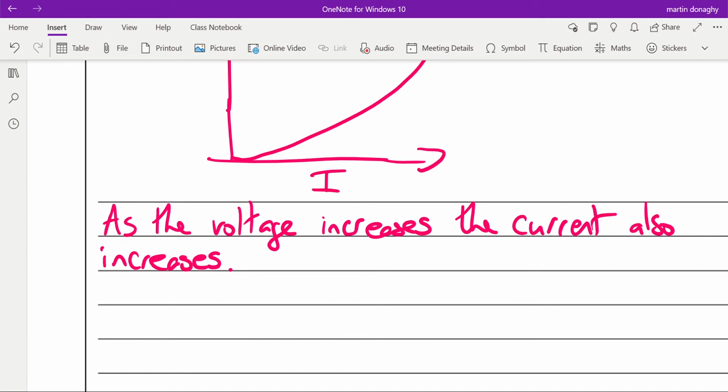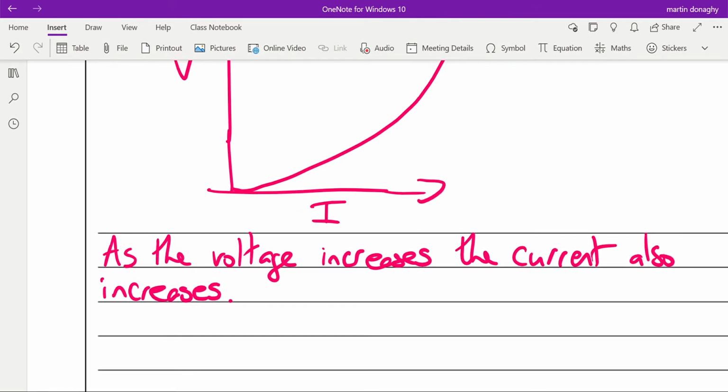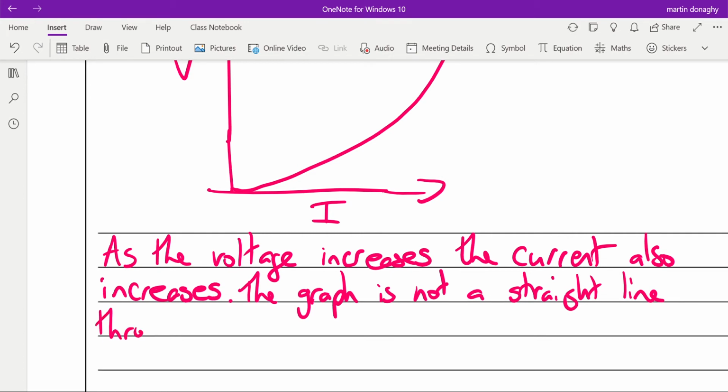Our next sentence we then usually describe, is it a straight line graph through the origin? If so, we'd say it's directly proportional, and we can see this one isn't. So we can say the graph is not a straight line through the origin.